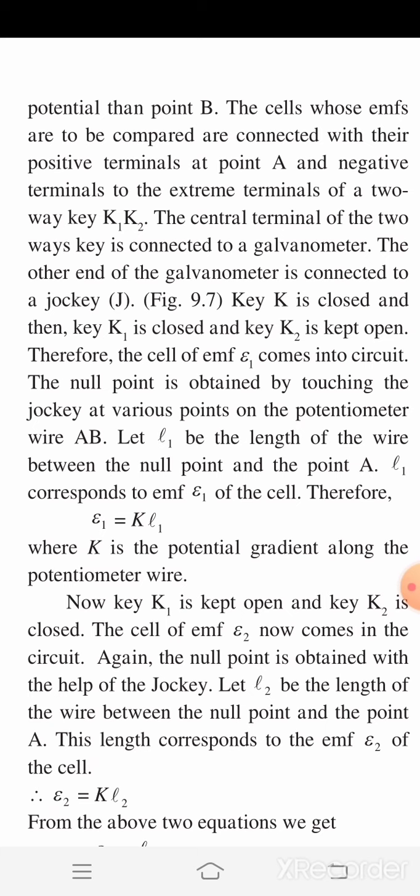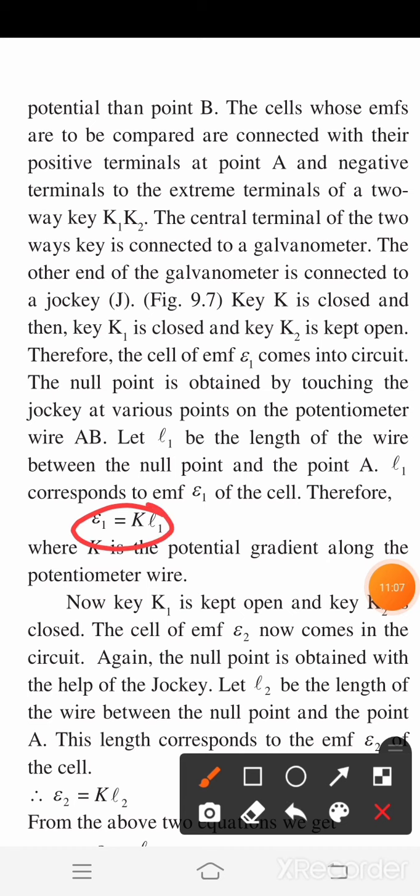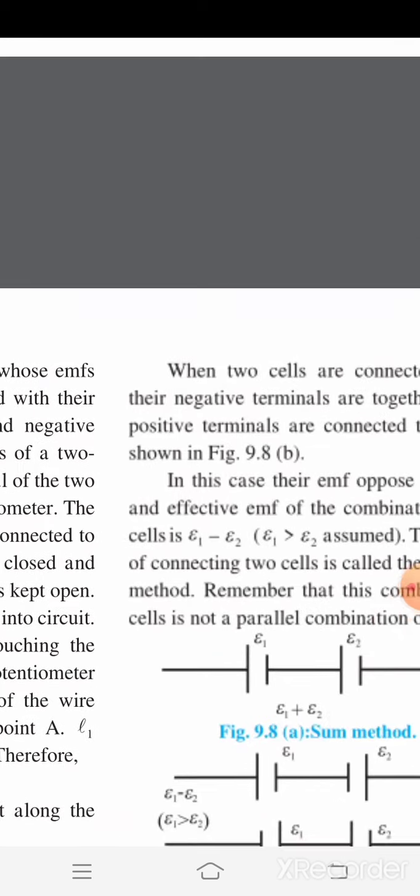So from these two equations, E1 is equal to KL1 and E2 is equal to KL2. Let us call E1 equal to KL1 equation number 1 and E2 equal to KL2 equation number 2.